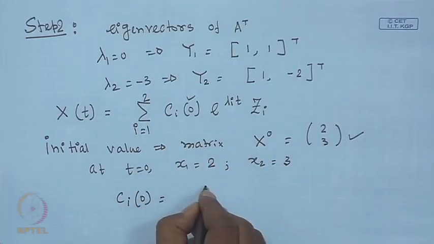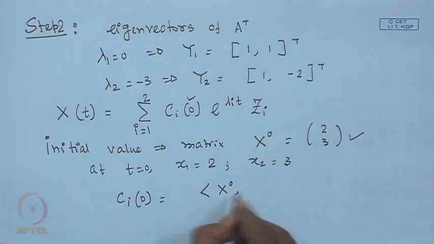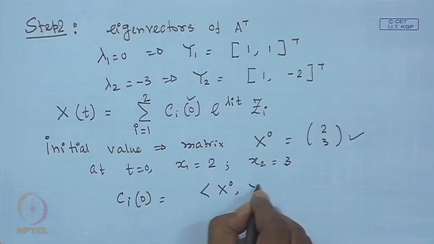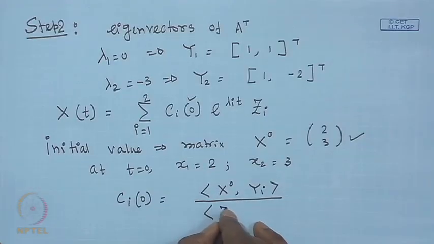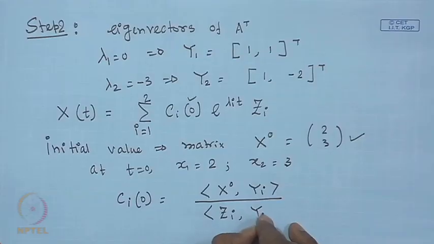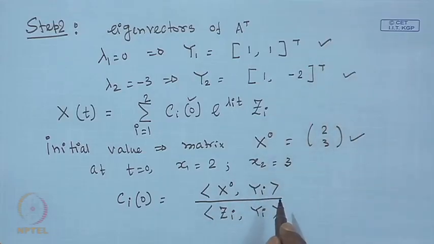C i naught can be determined by the inner product of the initial value vector x naught and y i, that is the eigenvector of A transpose, divided by the inner product between z i and y i, where z i is the eigenvector of A and y i is the eigenvector of A transpose. We have evaluated y 1 and y 2, so we will be in a position to evaluate C 1 naught and C 2 naught.